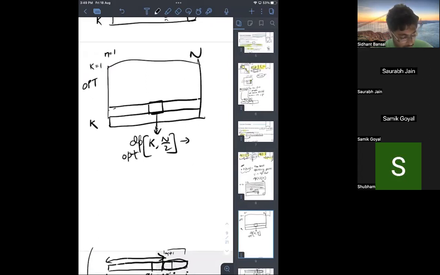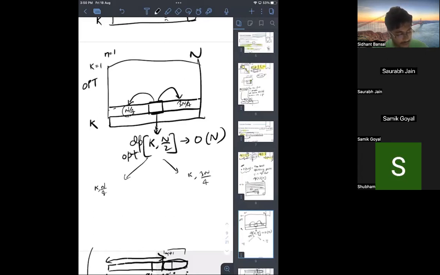And this will take you order n time. Now, once this is calculated, you'll say, I want to calculate n by 4th position and 3n by 4th position. So k comma n by 4 and k comma 3n by 4.